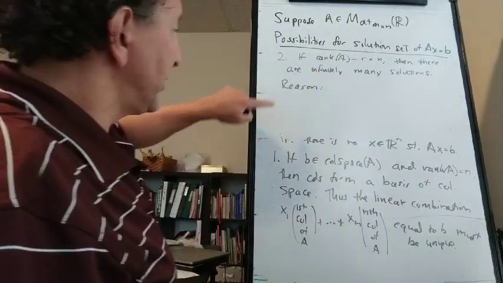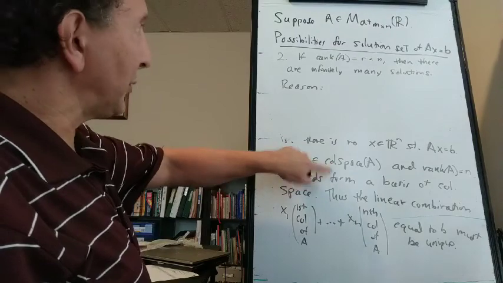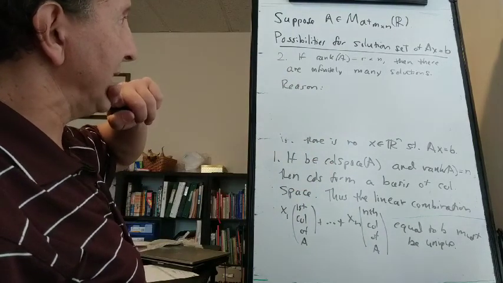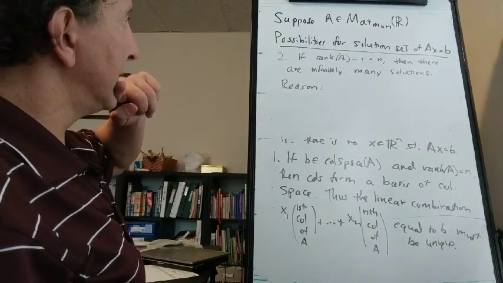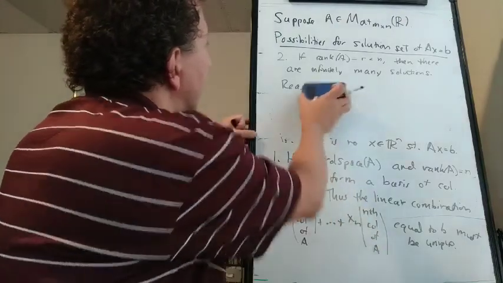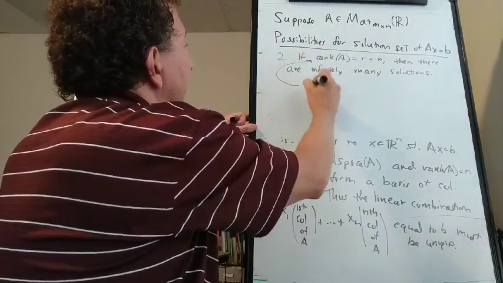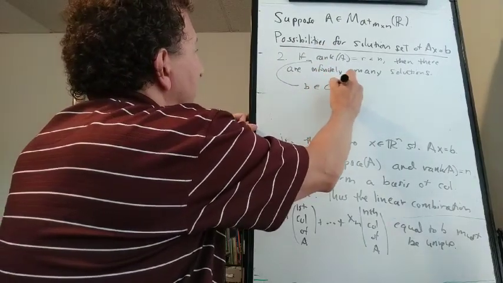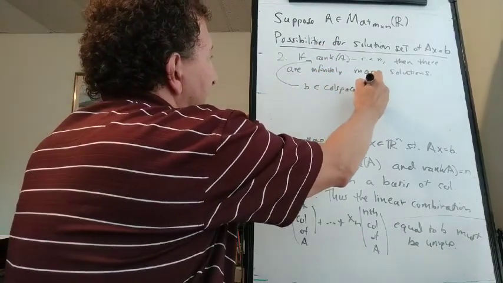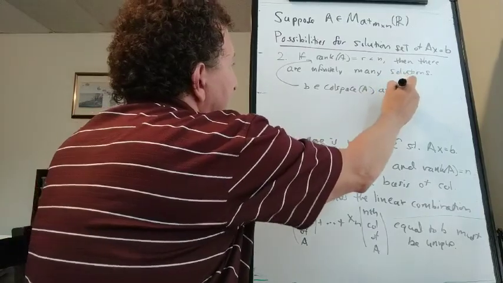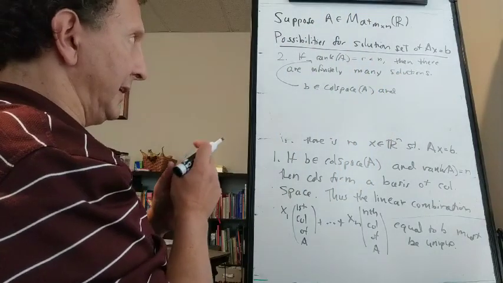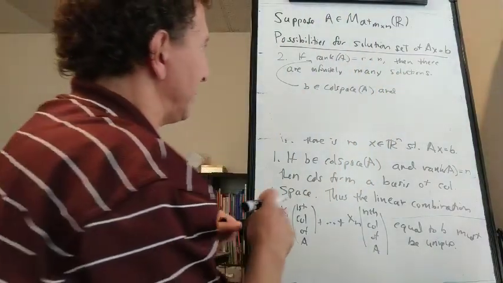Well, I should have copied down: if b is in the column space and the rank is r less than n. So you stick that in there. If b is in the column space of A and the rank of A is r, which is less than n, then there are infinitely many solutions.